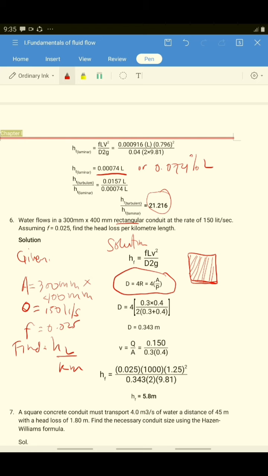Then the answer for D is 0.343. Okay, so since you have the area of flow and you also have the Q, you can directly compute the velocity: 0.15 divided by 0.3 divided by 0.4.